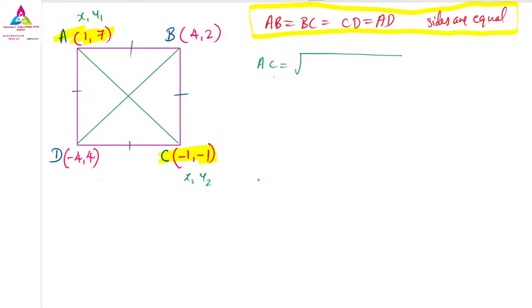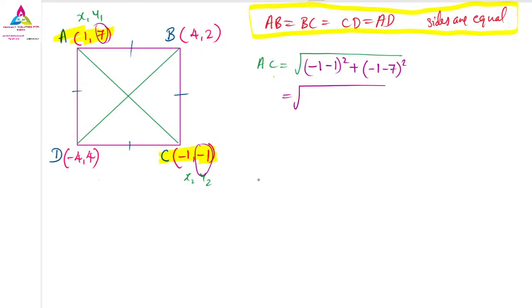So x2 minus x1, x2 is how much? Minus 1, and x1 is again minus 1, okay, minus 1 we have got. So this square plus y2 is here minus 1, you can consider, and y1 is 7, that is minus 7 the whole square according to the formula.